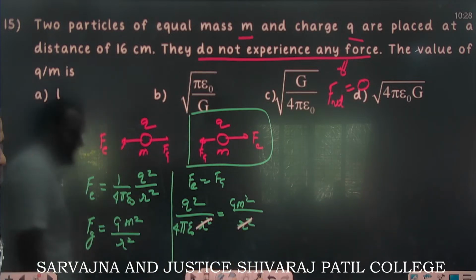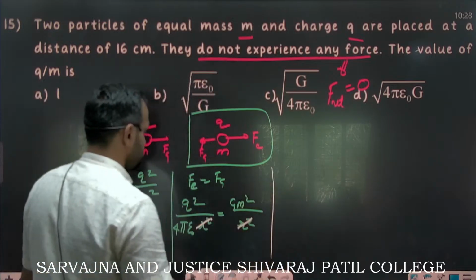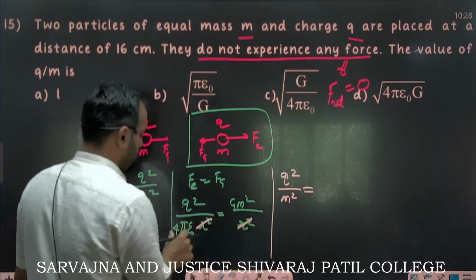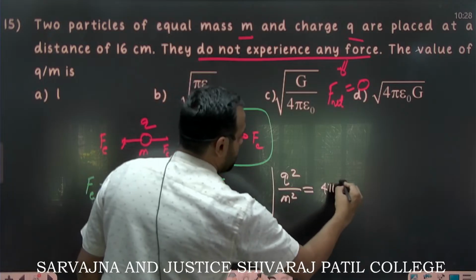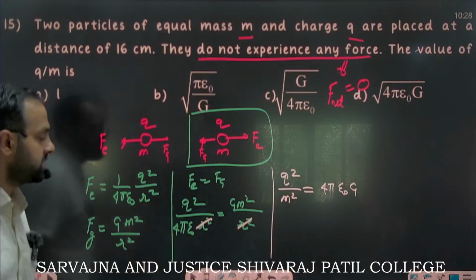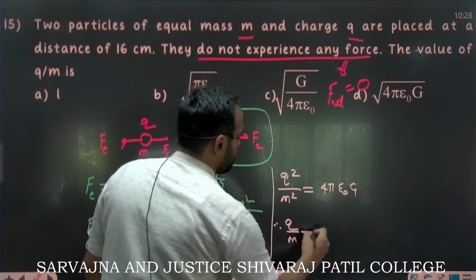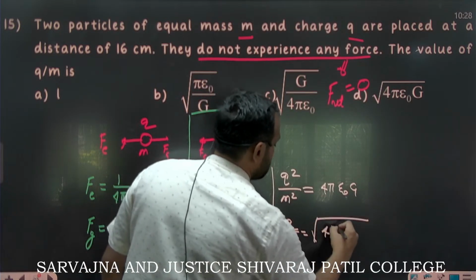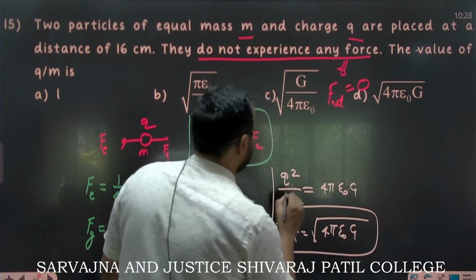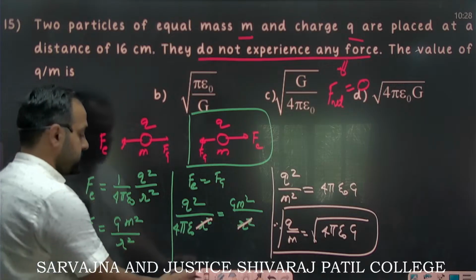So what are they asking? They are asking the ratio of q by m. Q square divided by m square is equal to 4 pi epsilon naught into G. Therefore q by m is equal to square root of 4 pi epsilon naught G. That is option 3.